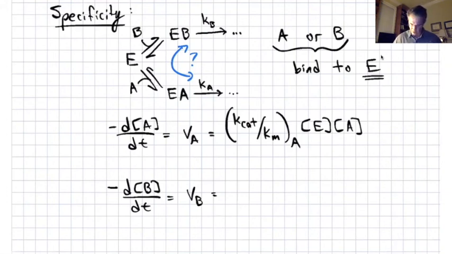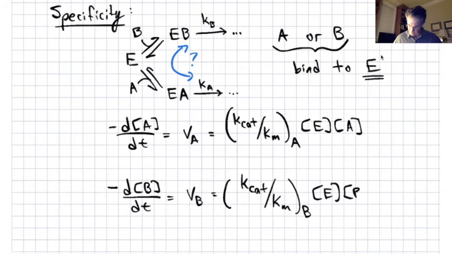We can do the same thing for B: kcat over Km for substrate B times the concentration of free enzyme times the concentration of B. Now, the question I posed was, which one wins? You can answer that by asking which reaction, under a given set of circumstances or a given amount of A and B, is going to go faster.